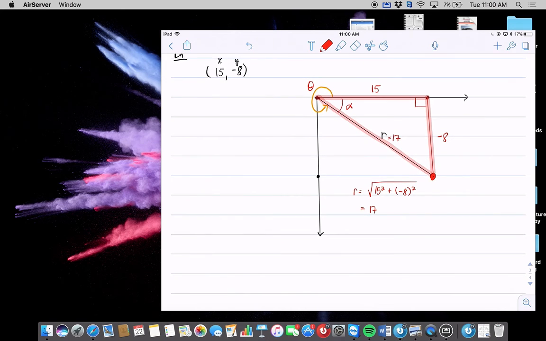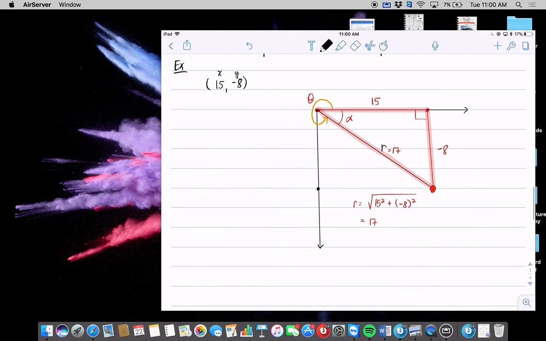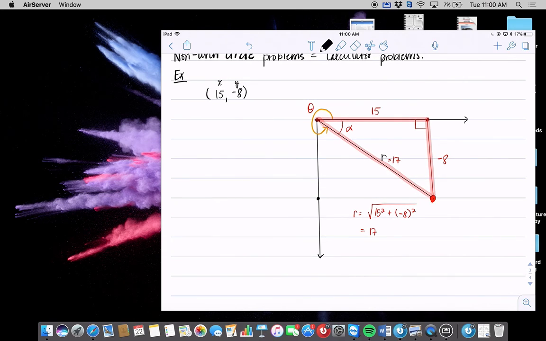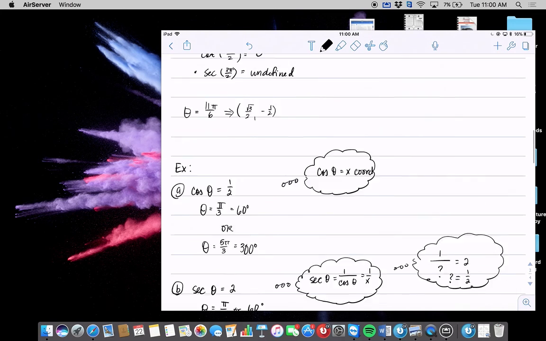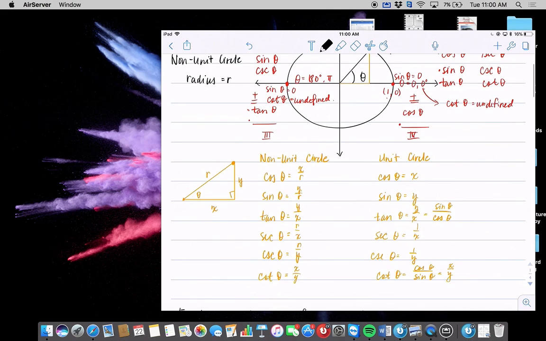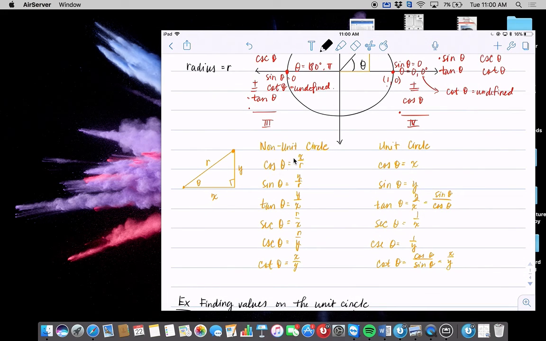So let's go ahead and start off by writing the trig ratios for the triangle that we have in this particular example. If I want to find cosine of theta, if I look back at my notes, on a non-unit circle type problem, I see that cosine of theta is just my x-coordinate over the radius.